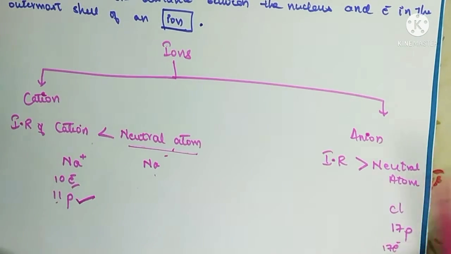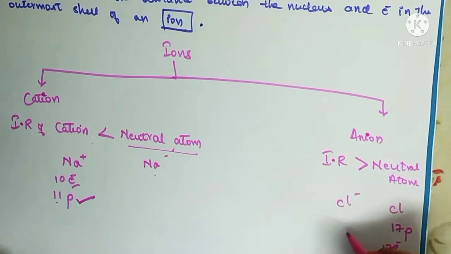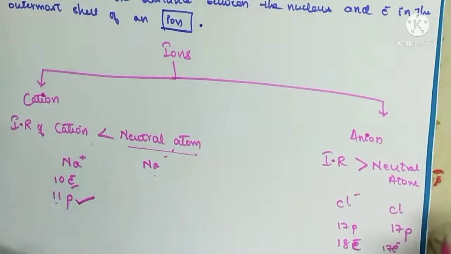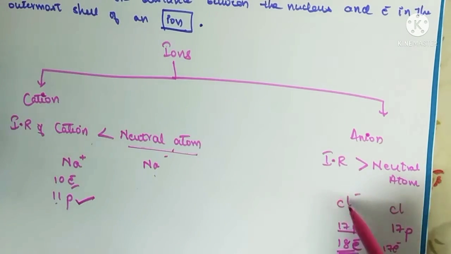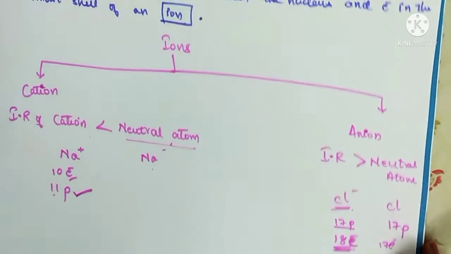But whereas in the Cl minus ion, we have 17 protons but 18 electrons. Here what happens is the number of protons are less than the number of electrons. Due to that reason, the nuclear charge is less in the anion. So if the nuclear charge is less, the size of the atom will be more. So ionic radius of anion is always greater than the neutral atom.